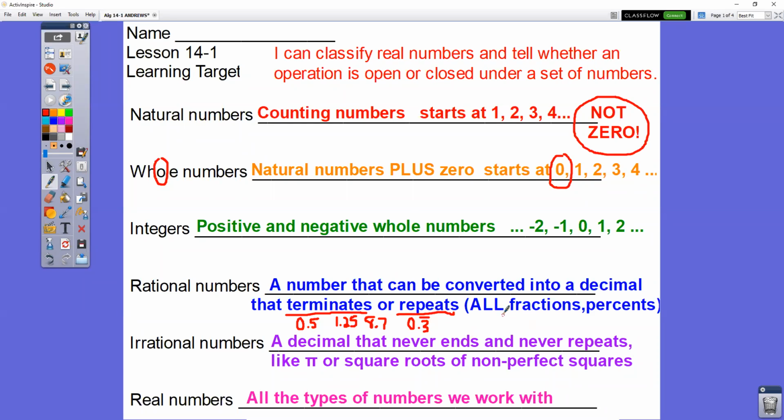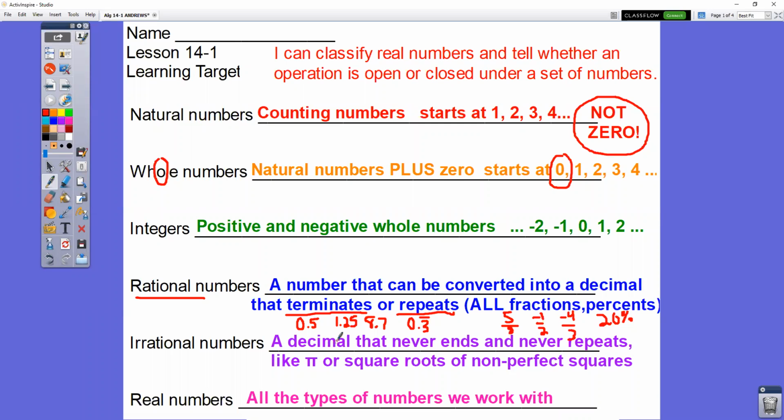Any fraction that you make, pick any number, 5, pick any number, 8, 5/8 is a rational number. It could be negative as well. If we had like -1/2 or -4/3, any fraction that you can make is rational. Percents, any percent is rational as well. So like 20%.